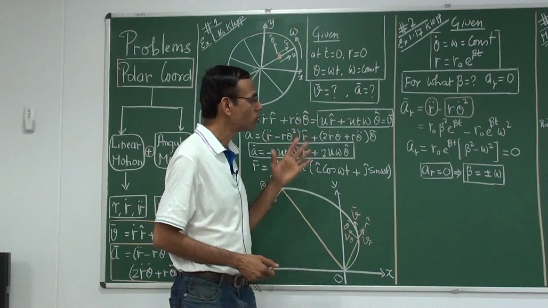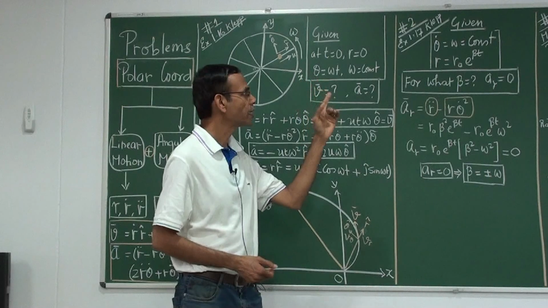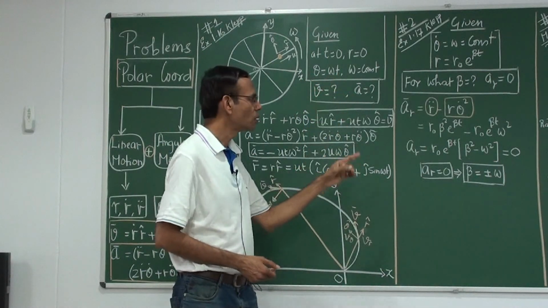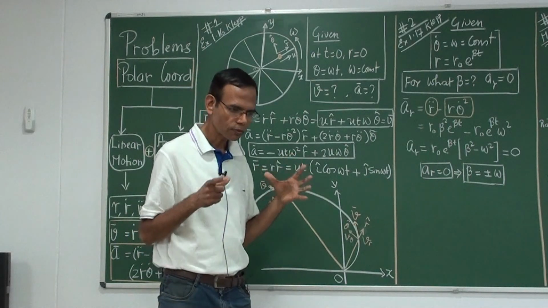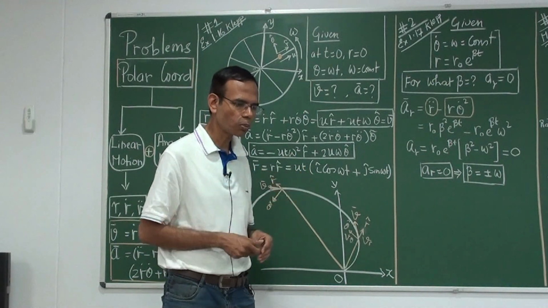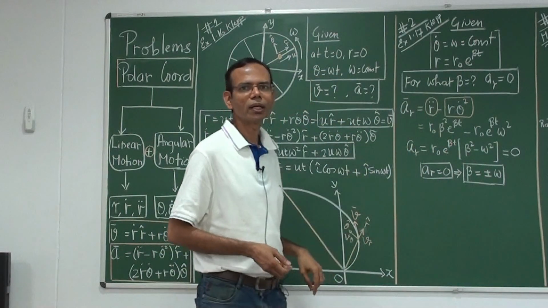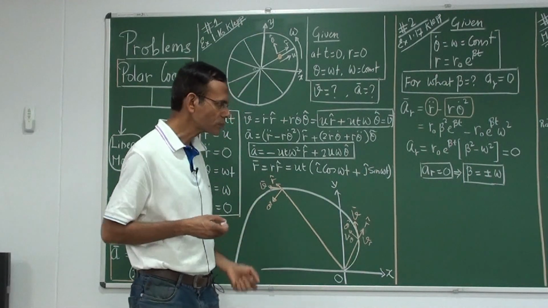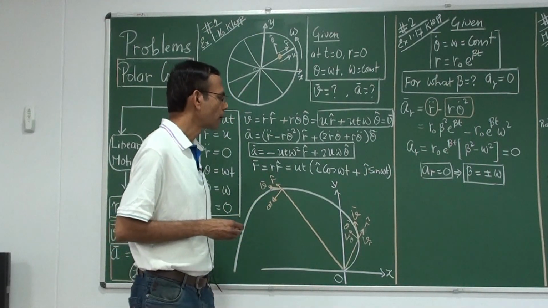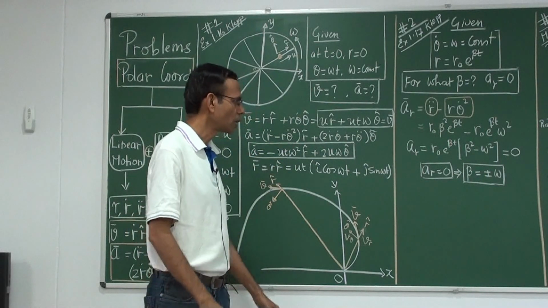So though the particle is going radially out with an exponentially increasing radius, the final acceleration component in the radial direction you get is 0 because of this centripetal acceleration. So it is a very, very interesting problem. So you get a feel of it, basically, both these terms.